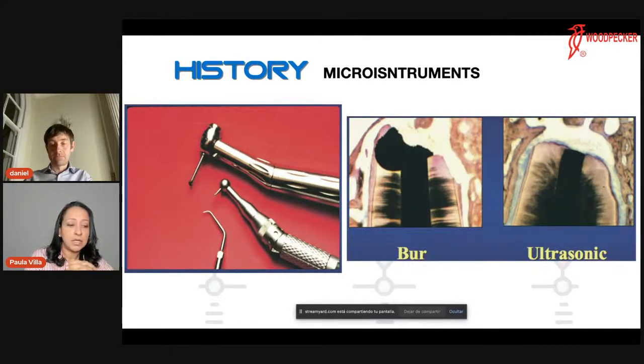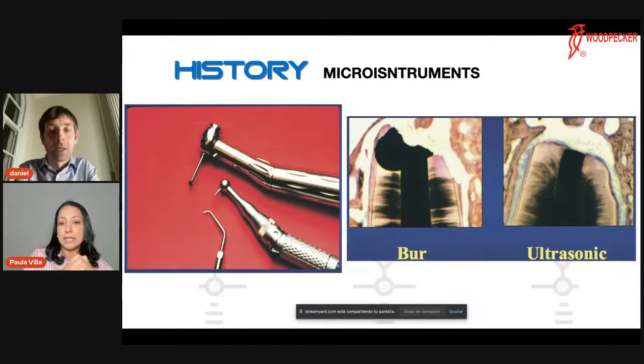With the introduction of ultrasonic devices, micro instruments and microscopes, we had the opportunity to really treat the cause of the problem. Remember, the cause of the problem is inside the tooth, many times inside the canal. The cause of the problem is bacteria, so we need to remove bacteria.